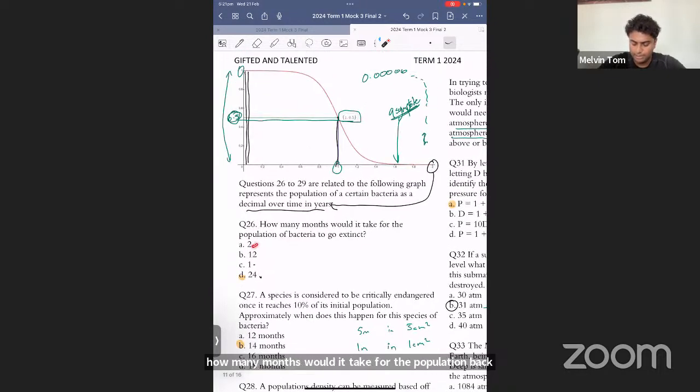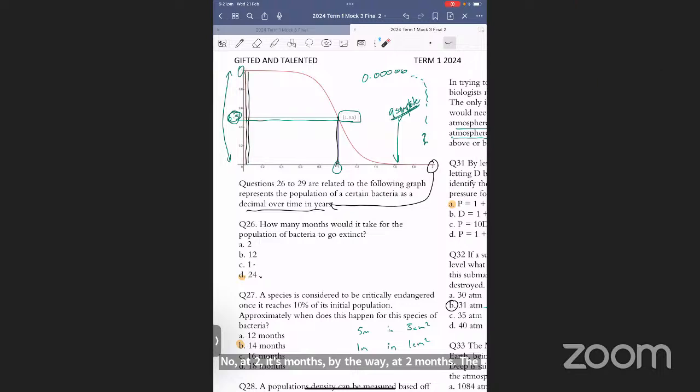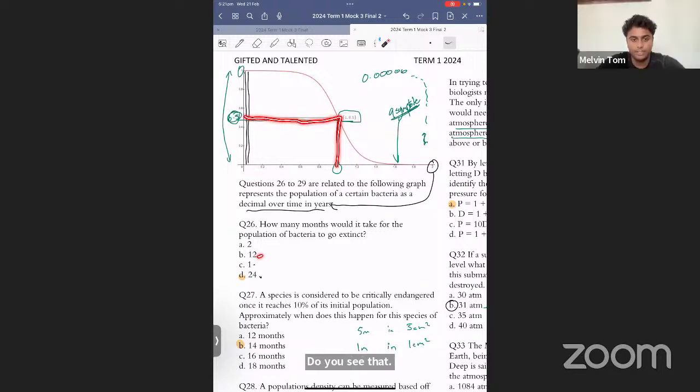At 2 months, the population is still close to 100%. Do you see that, Kapish? At 12 months, it's half of the population. It's not extinct yet. At 1 month, definitely not extinct. At 24 months, which is 2 years, you would assume that it's extinct by then. Do you understand?